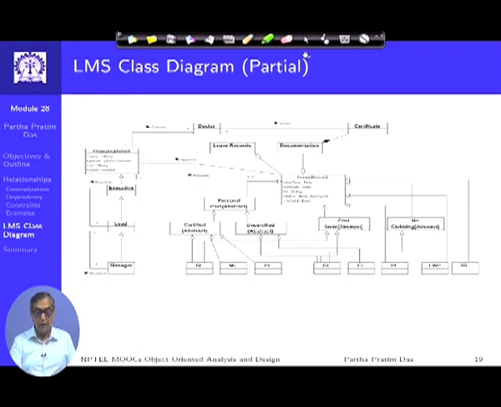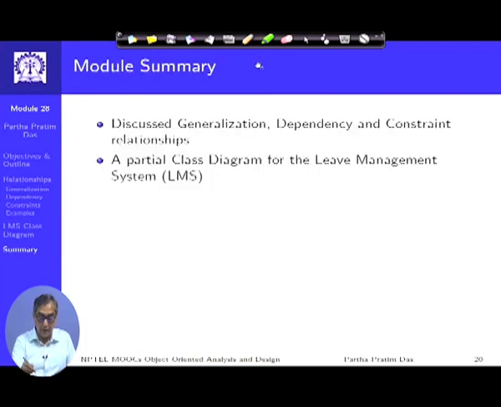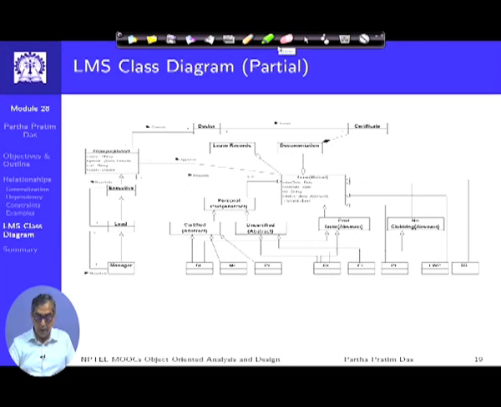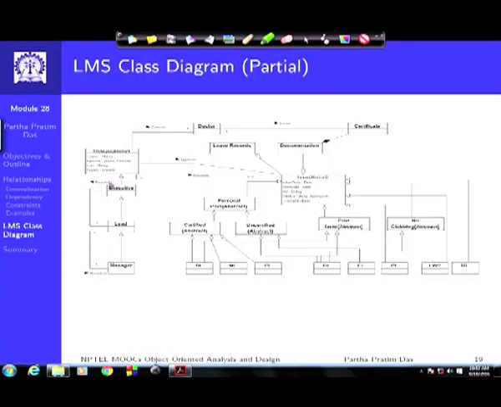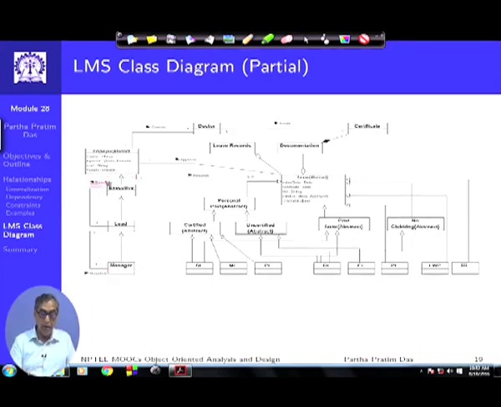So, if we put things together, and mind you, this is just a partial diagram, not a complete one. We will share the complete one as a solution of LMS. Here you can see the actors have come into one hierarchy, which was originally captured in the use case diagram, but in addition to that, there is an association identified, which is report to.